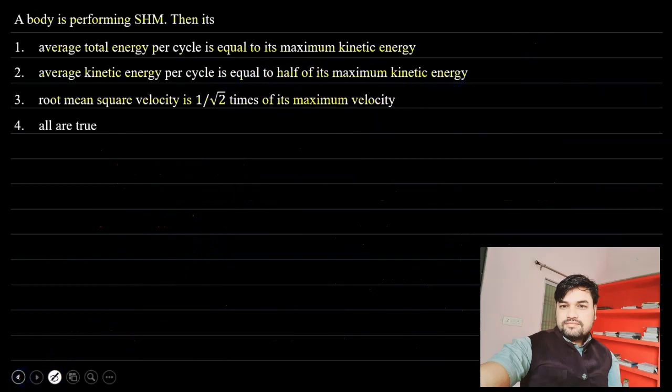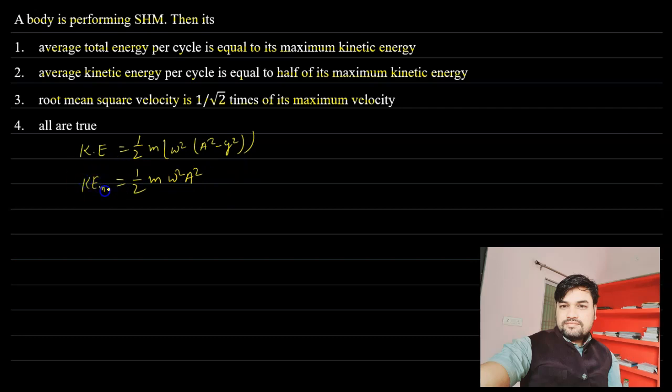So the maximum kinetic energy is half m v square, where v square equals omega square a square. So the maximum kinetic energy is 1/2 m omega square a square, and the average kinetic energy we calculated is 1 by 4 m omega square a square. So the average kinetic energy is half of its maximum kinetic energy.